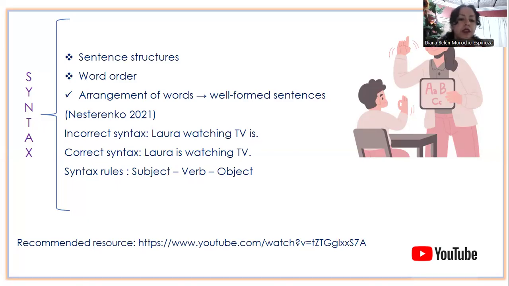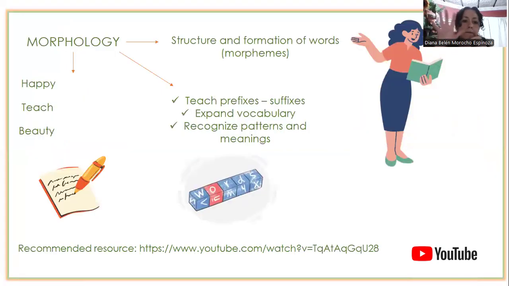Okay, let's move to the next one, morphology. Morphology is the study of the structure and formation of words, including morphemes. I will say that morphology focuses on the internal structure of words. Okay, let's see an example. This way we can clarify. Here we have happy, teach, and beauty, these three words. In happy, the first word, just adding the prefix "un" changed the meaning of the word.